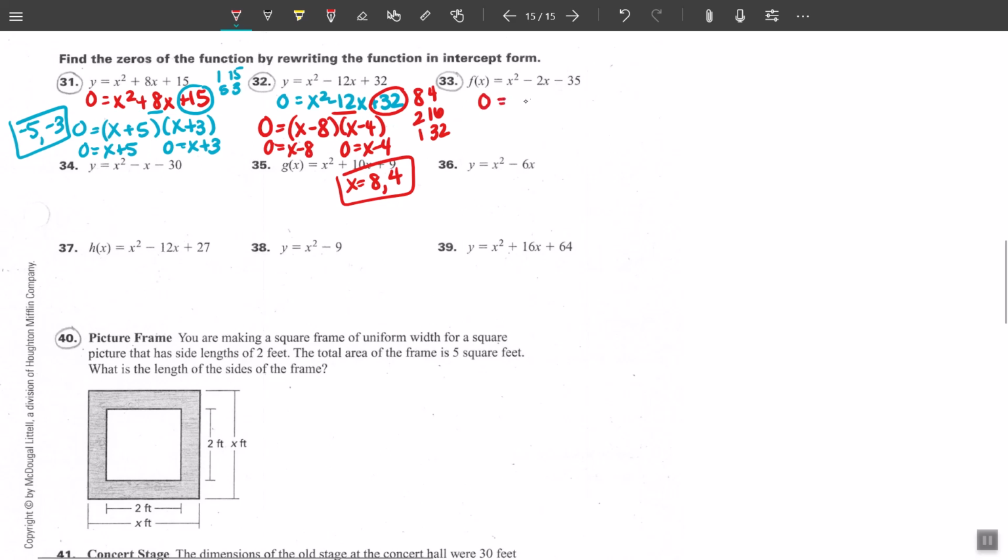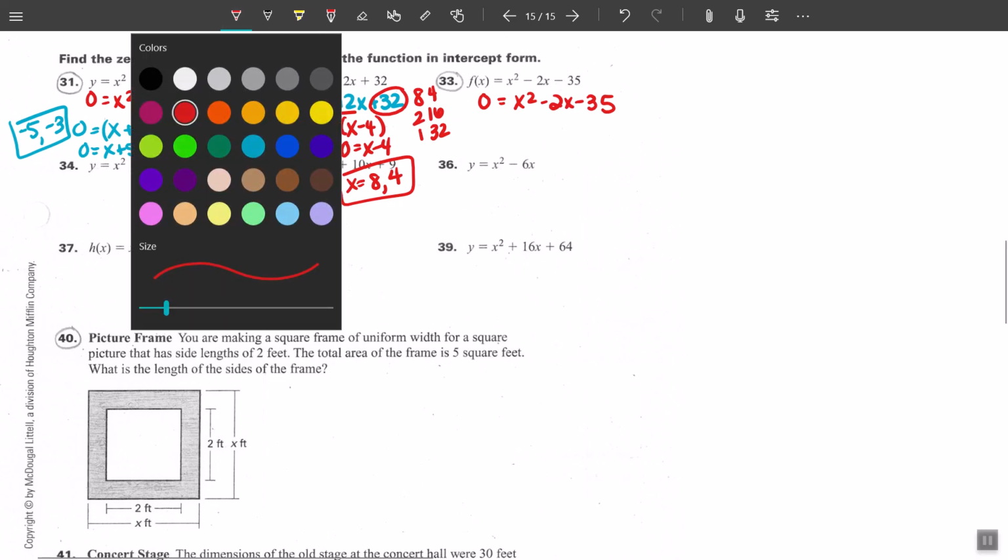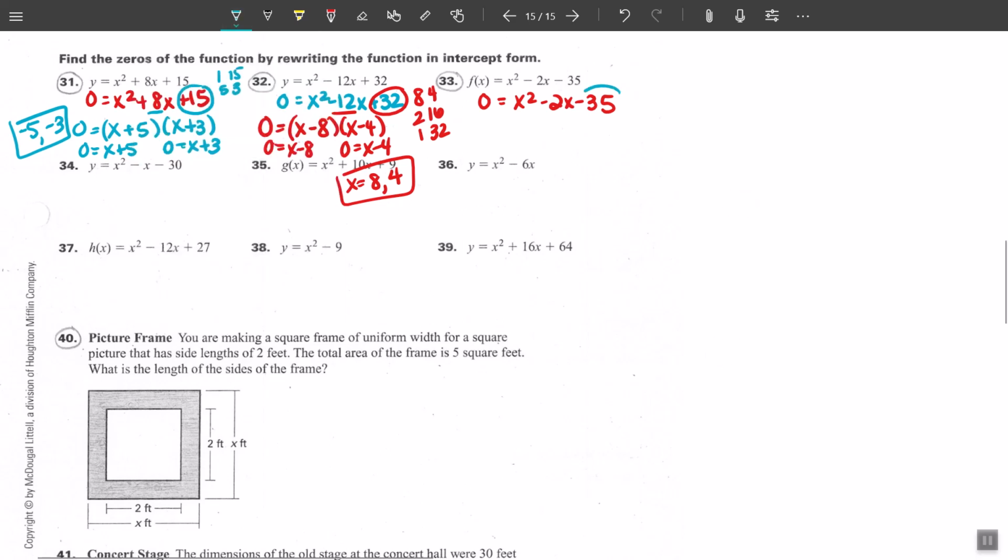All right, and last one. Factors of negative 35 that will add to negative 2. Again, there are several options for factors of 35, but we're going to use 7 and 5. 7 and 5 will multiply to negative 35 if one of them is negative.